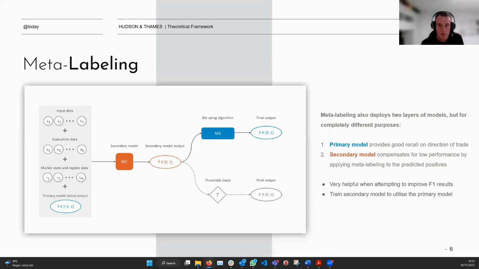The key is to train a secondary machine learning model to utilize the primary model. This leads to an improvement in performance parameters such as accuracy, precision, and F1 score, where you trade off some recall. When we speak of meta-labeling, it's generally in a finance context, but any setting where you have a trade-off between recall and F1 would be a possible application of meta-labeling.